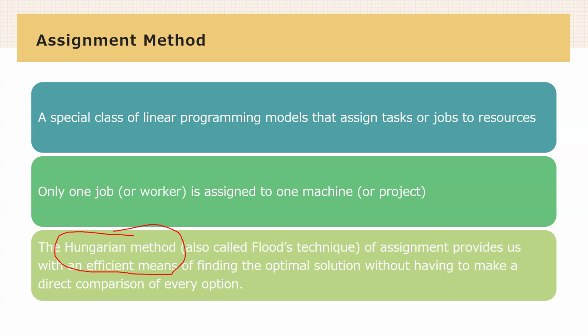Only one job or worker is assigned to one machine or project. This is the basic principle: there is only one job for one project, or only one worker assigned to one machine or one project. So the relationship between the row and the column is 1 to 1.